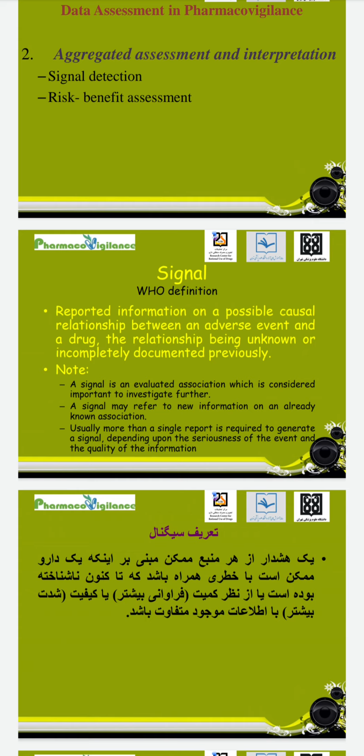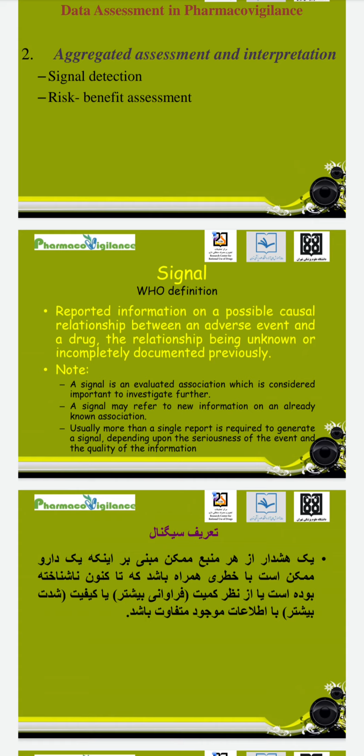And usually more than a single report is required to generate a signal, depending upon the seriousness of the event and the quality of the information.